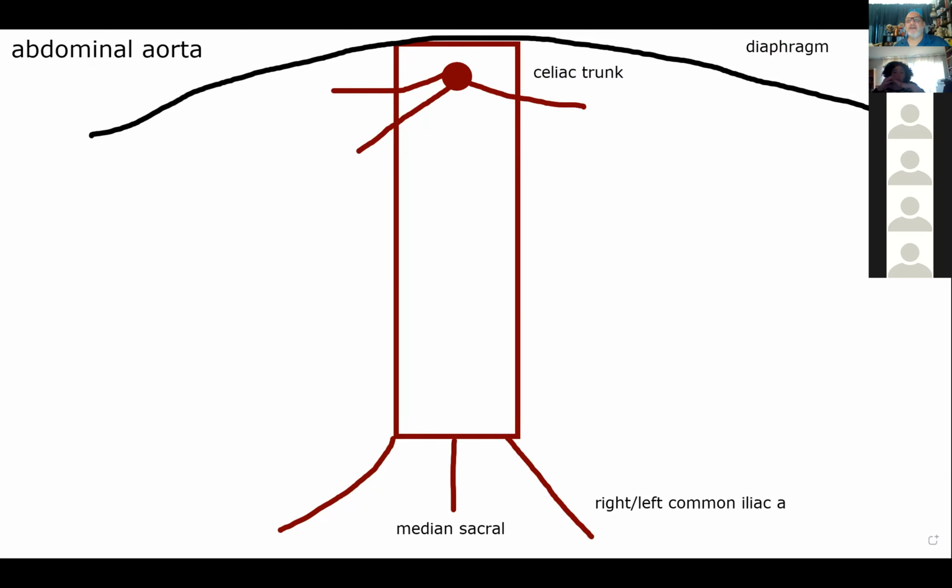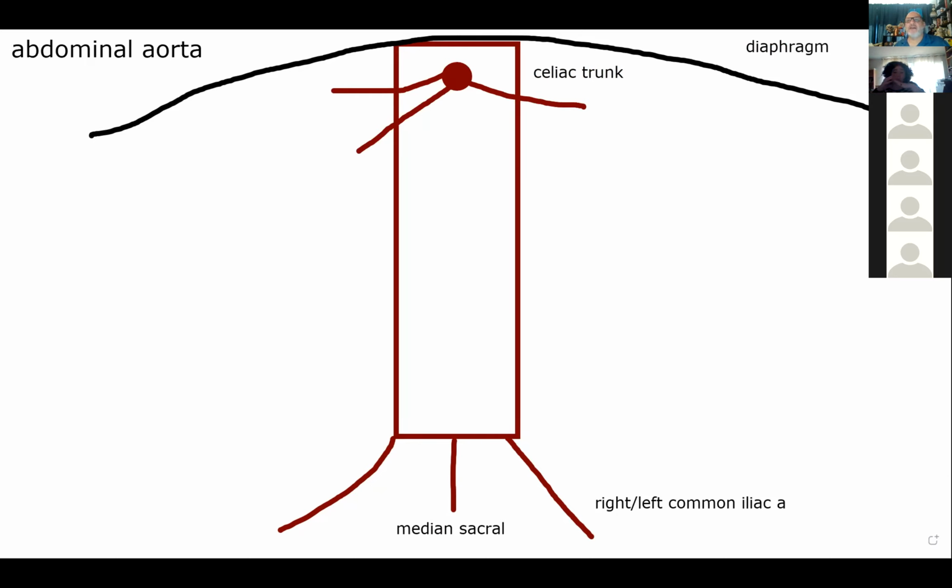What's the next one? Is it the superior mesenteric artery? Is that paired or unpaired? Well, there's an inferior one, but that is next to it. Excellent.